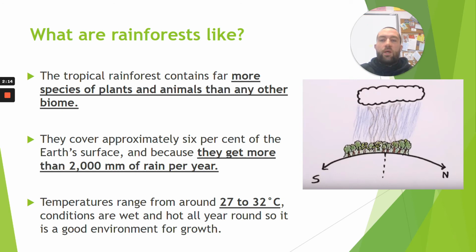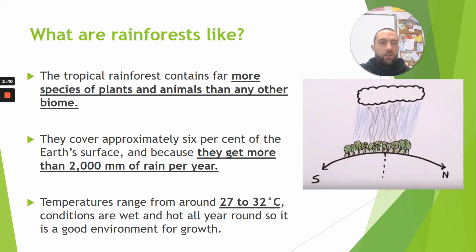So, rainforests contain the most plant and animal species on Earth. They contain so much more than any other area in the world. They cover approximately 6% of the Earth's surface, but it rains just about every day. They get more than 2,000 millimeters of rain per year, which is huge amounts of rain.